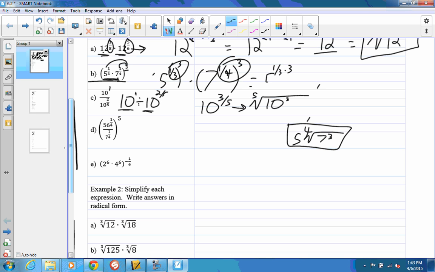So I'm going to do the same thing here. I'm going to distribute this 5, so I'm going to distribute here and distribute here. So 56 over 7 still. And then I've got 5 times 1/4.